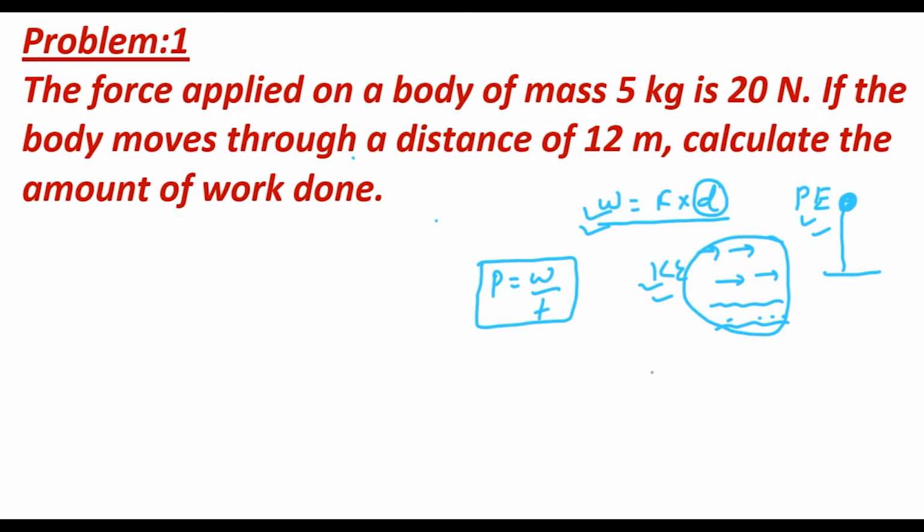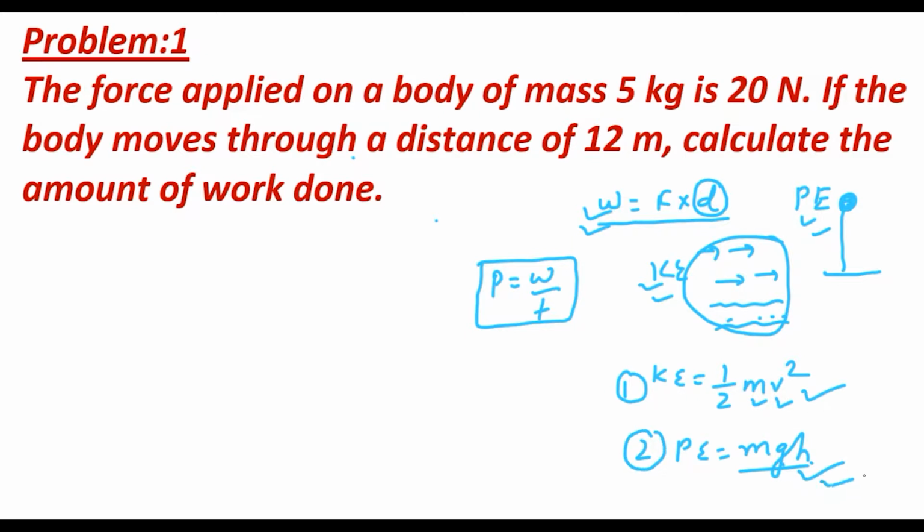And we can express kinetic energy mathematically as 1 by 2 mv square, where m is the mass and v is the velocity. And potential energy equals mgh: mass, acceleration due to gravity, and height. Always when a body is in motion, it exerts kinetic energy. When the body is at rest or at position, then it exerts potential energy.